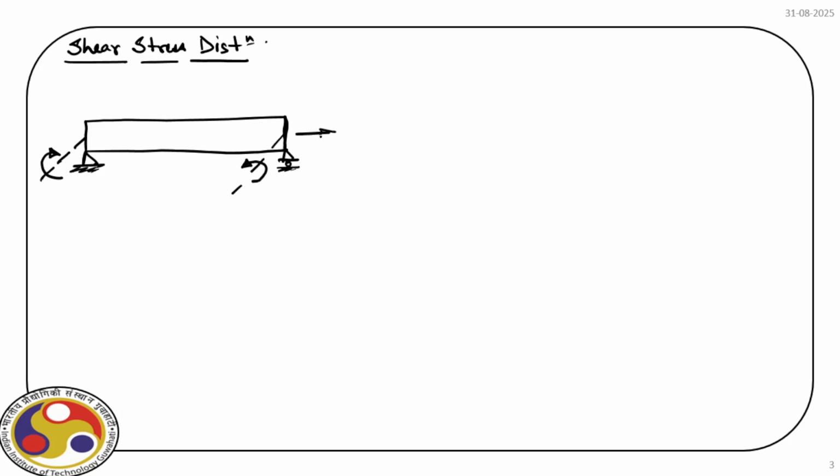Say this is our x direction and this is the z direction. So we apply moment Mz. We have already derived the expression sigma by y is equal to M by I is equal to E by R.